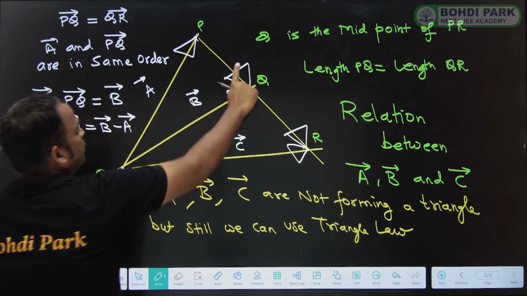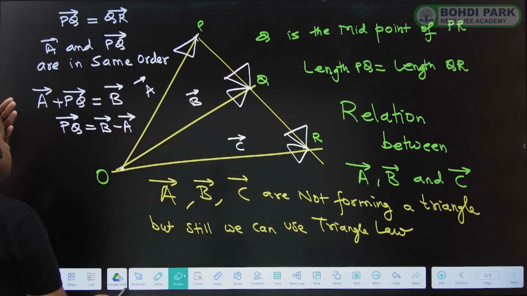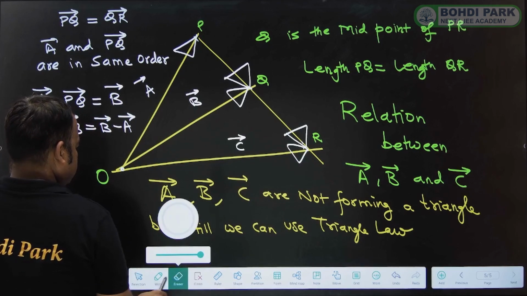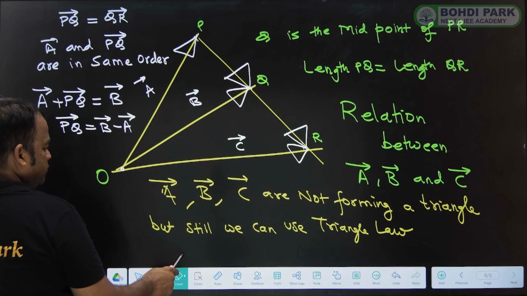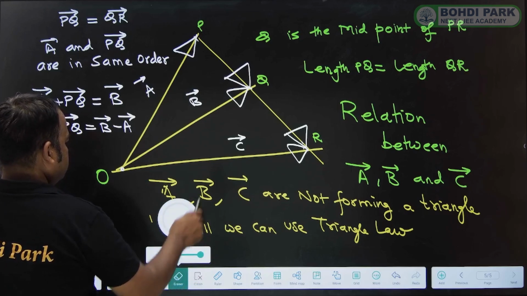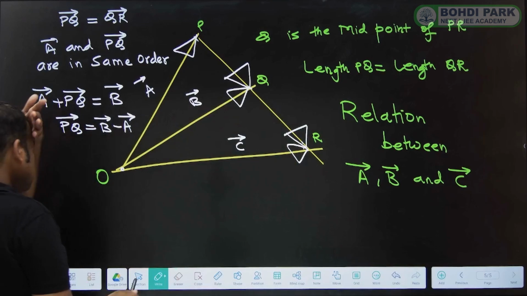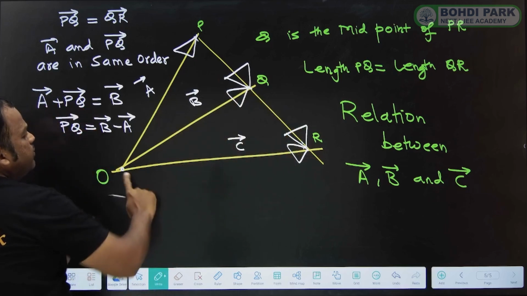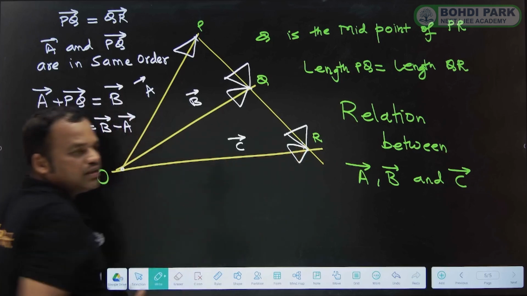And similarly for OQR. For triangle OQR, we have OQ vector, which is B vector, and QR vector in the same order, and C vector is in opposite order.